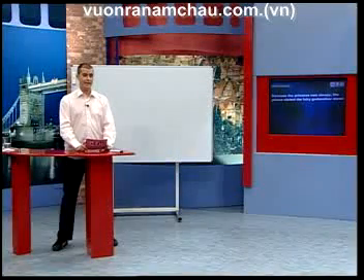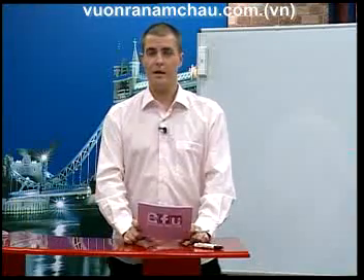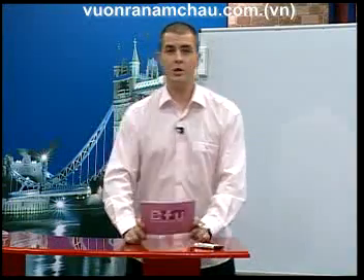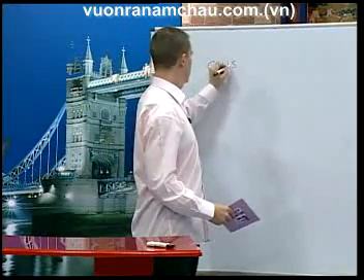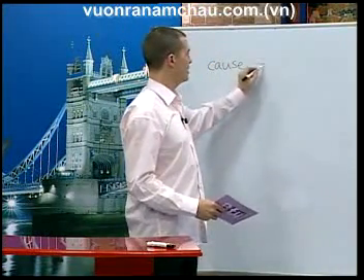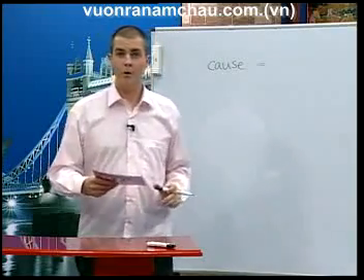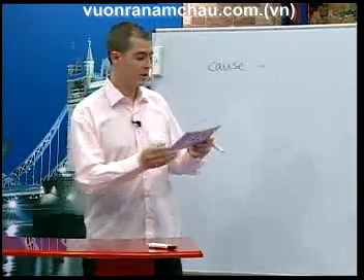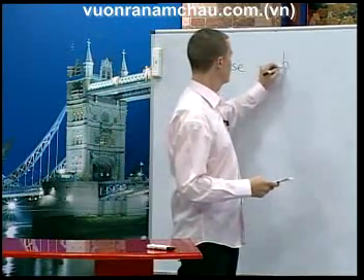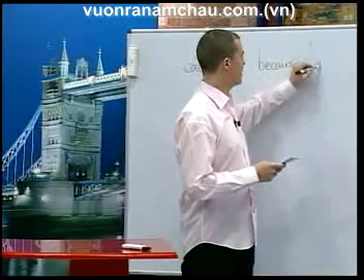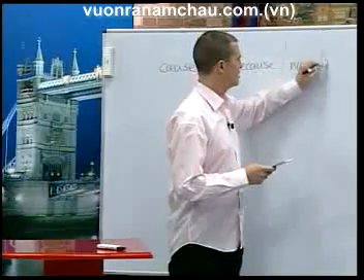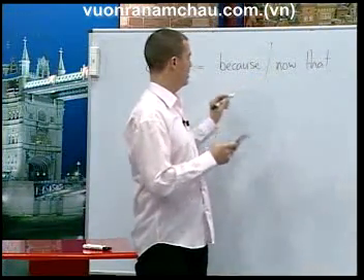Now let's look at another kind of adverb clause. And these are adverb clauses which show cause. Cause. And these kind of adverb clauses usually use the words because, or now that, or since.